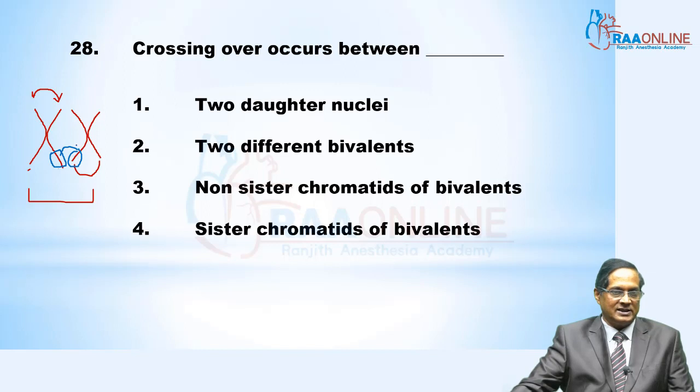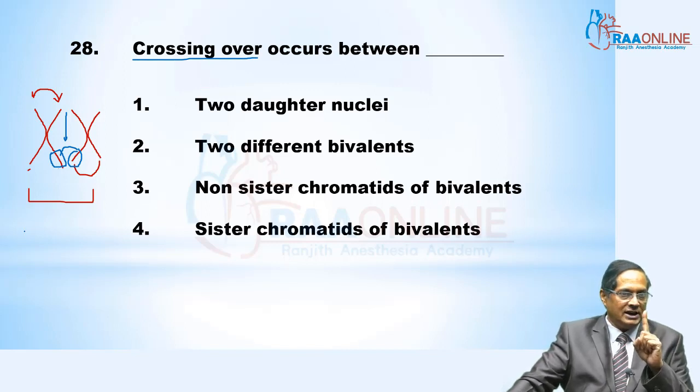That is, segmental exchange between 2 non-sister chromatids in a pair of homologous chromosomes is called crossing over.